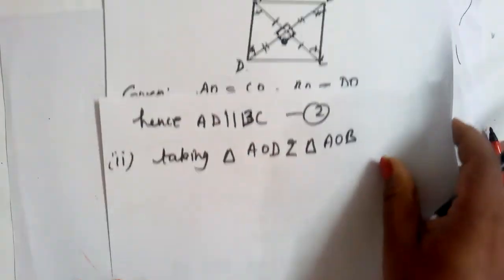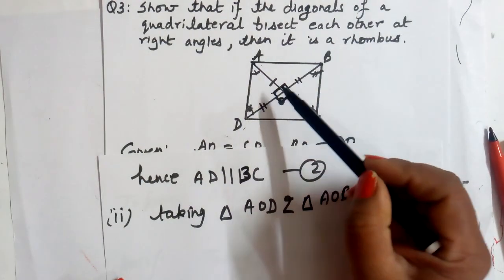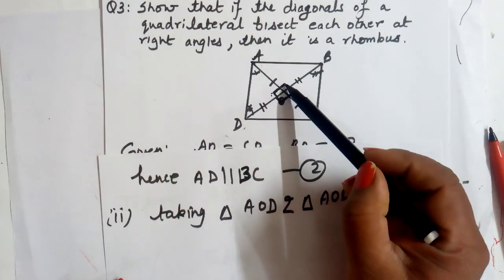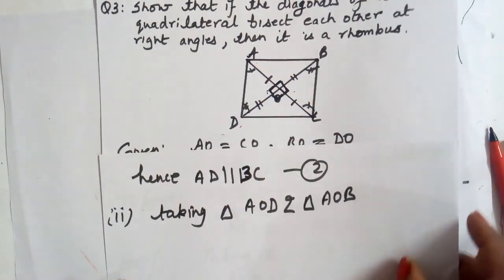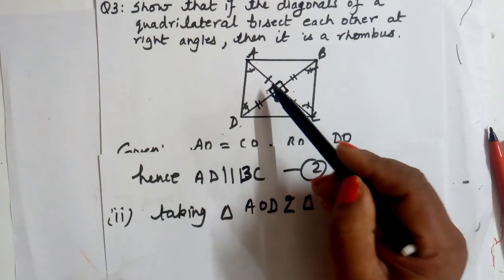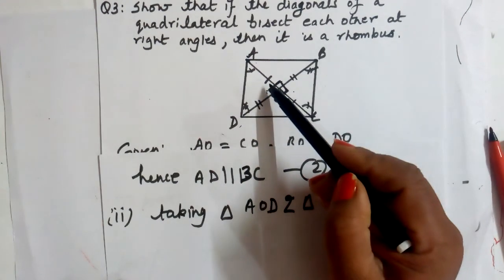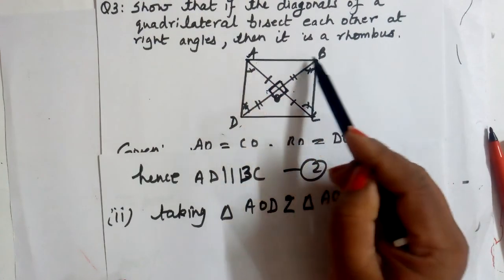Again DO is equal to BO, AO is common, and this angle is already equal to this angle because these two angles are of 90 degrees. Yes, so again by SAS congruency rule, these two triangles become congruent, and AD will also equal AB.